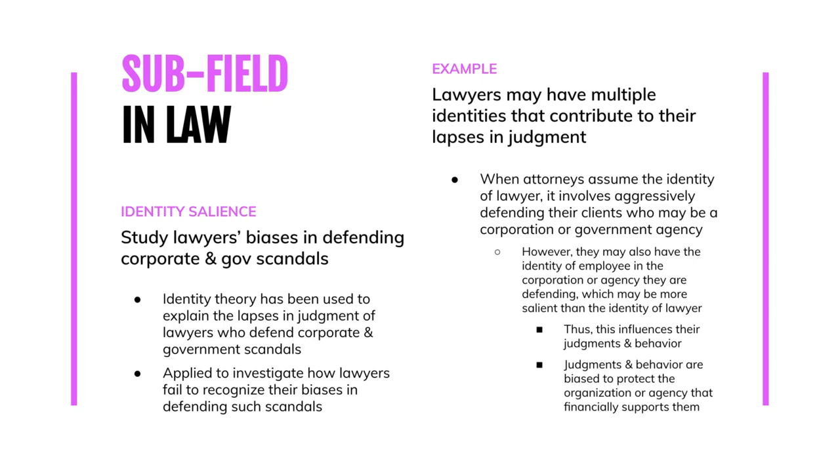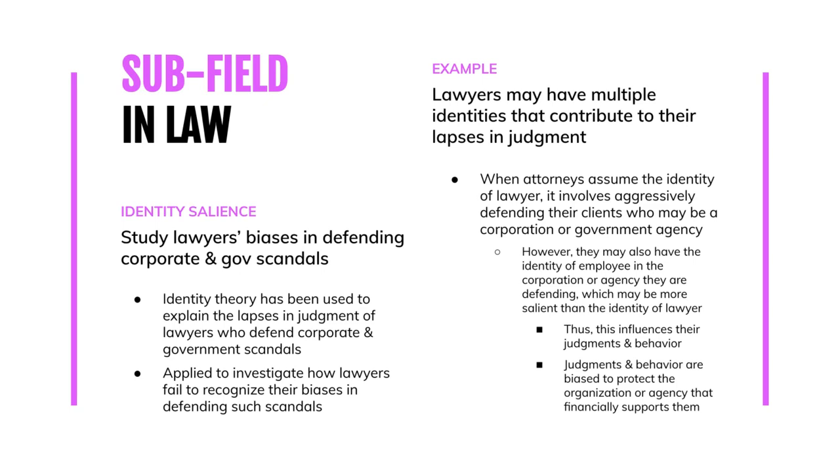They noted that lawyers may have multiple identities that contribute to their judgments, whether good, neutral, or bad judgments. When attorneys assume the identity of lawyer, it involves aggressively defending their clients, who may be, in this case, a corporation or government agency.